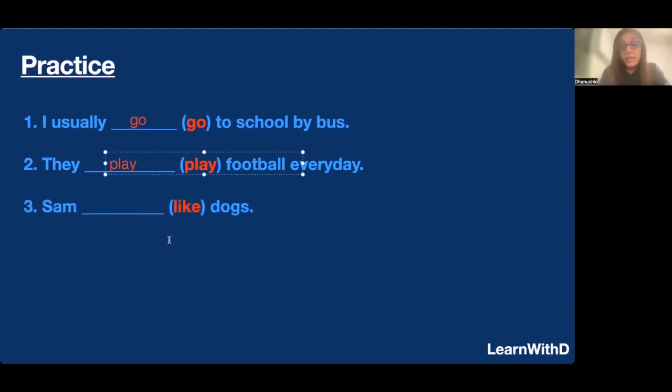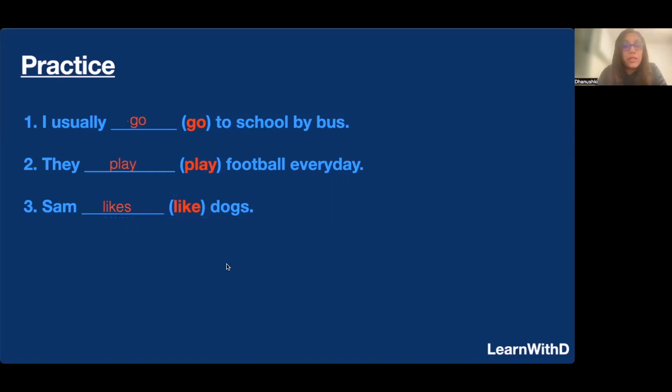Sam blank like dogs. Sam likes dogs. Remember what I said? For he, she, and it, we put the S at the end of the base verb, right? So like becomes likes.